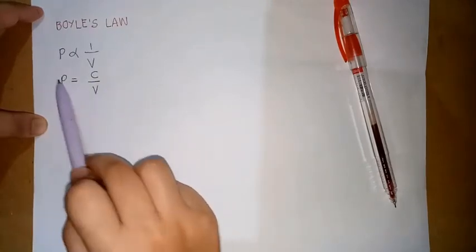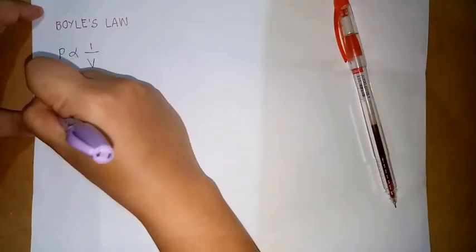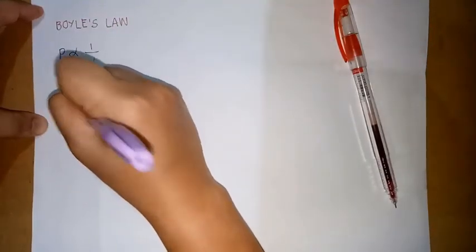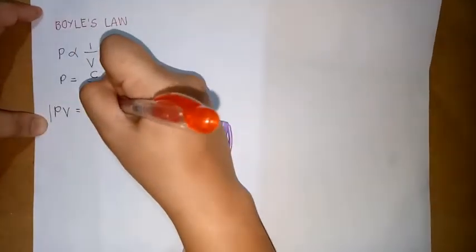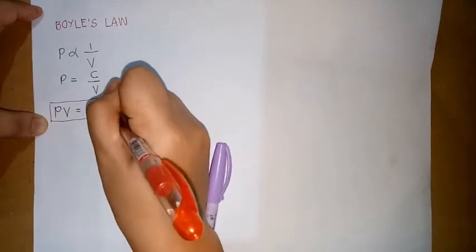Now by manipulating this equation, by cross multiplication, we can say that PV is constant. So this is our equation when we are talking about Boyle's law.